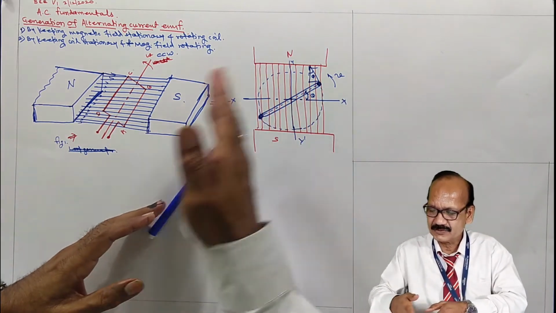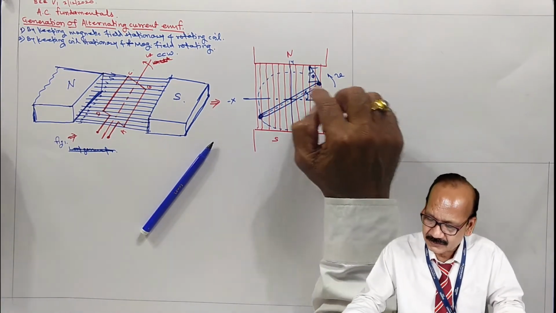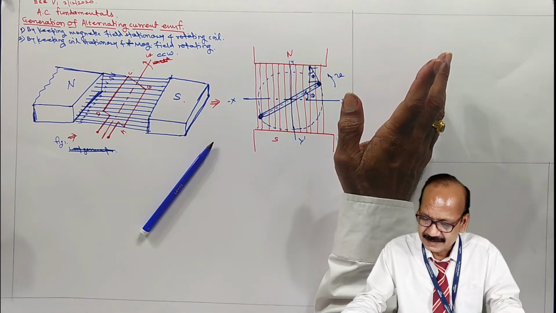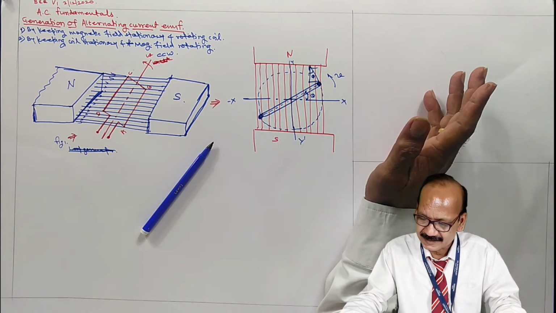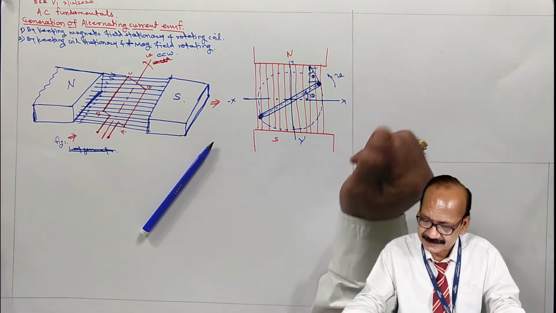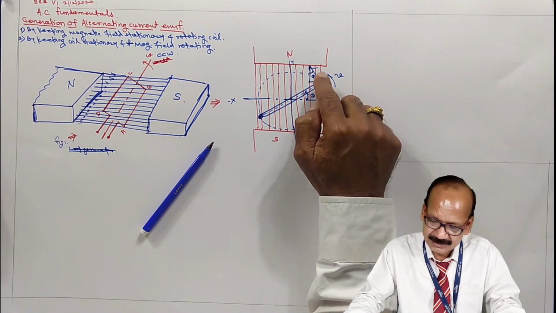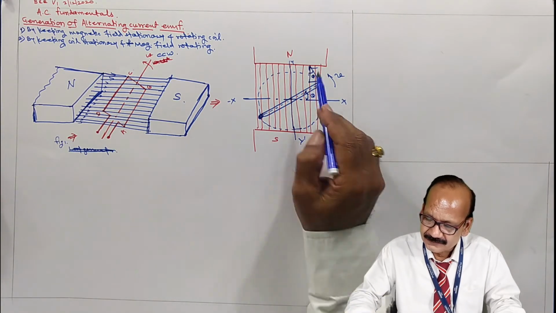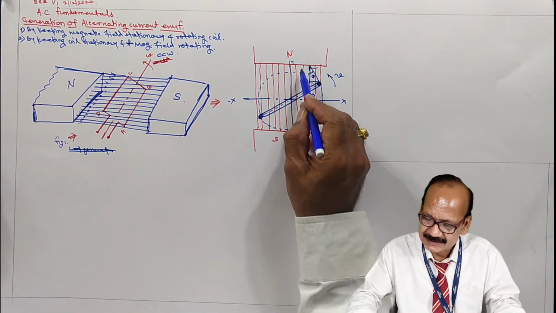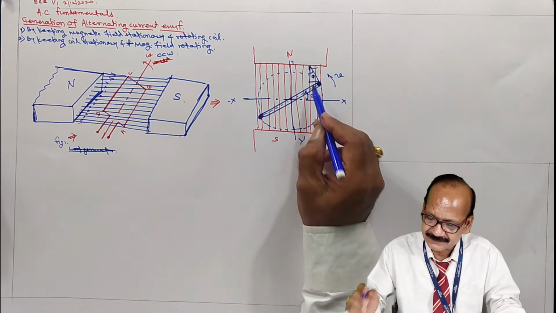Now, when the coil is rotating, it cuts the magnetic flux. And according to Faraday's laws of electromagnetic induction, EMF gets induced in each coil side. Now here this velocity is resolved into two components. One is the horizontal component, that is perpendicular to the lines of flux, and the other is parallel to the lines of flux.